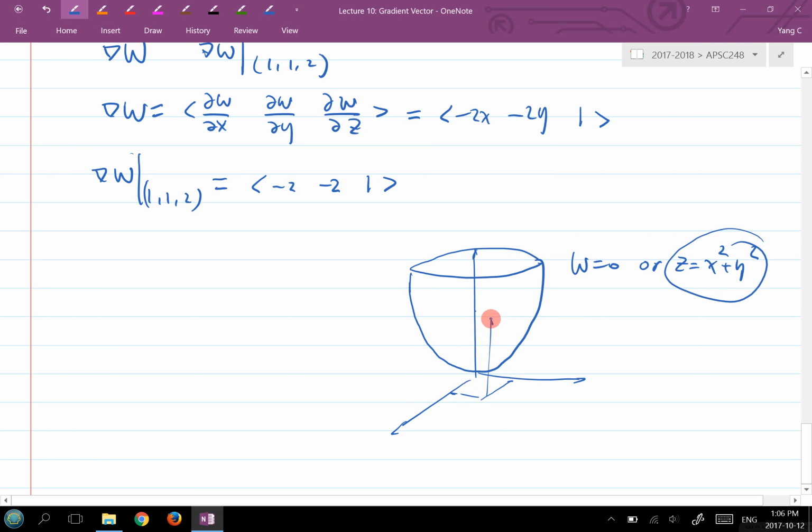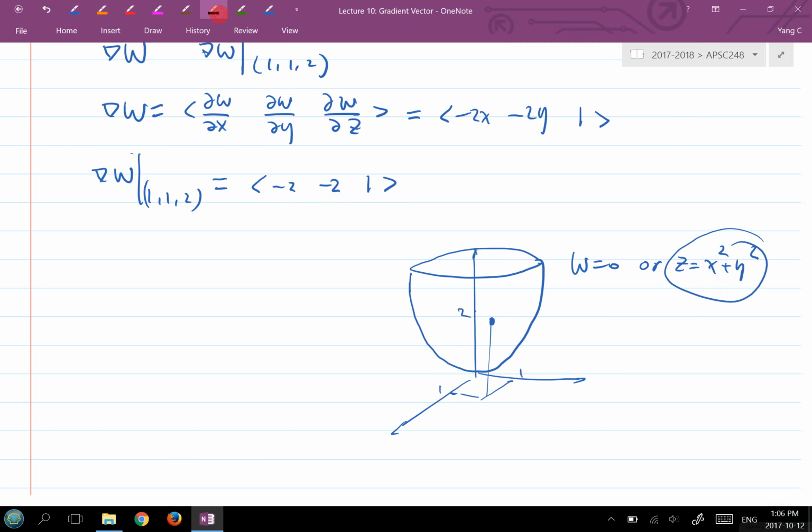So let's say the point is over here. This is the 1, 1, 2 point. And then sketch the vector negative 2, negative 2, 1, starting from 1, 1, 2.